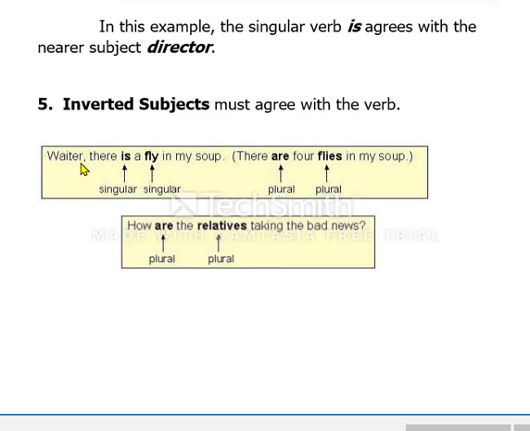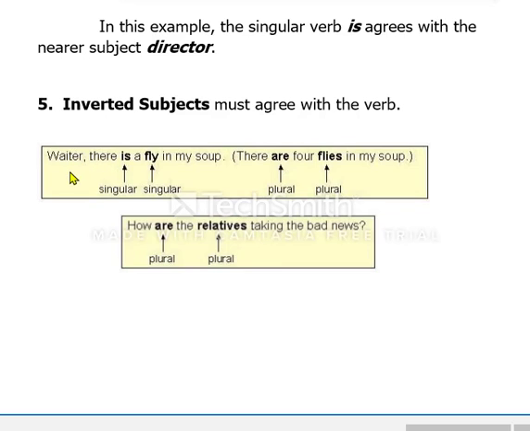Now inverted subjects must agree with the verb. Here in this sentence, what is the verb? The verb is is. And the inverted subject is a fly, not there. Fly is also in inverted form, and inverted subjects must agree with the verb. Now fly is singular, so the verb will also be used as singular.